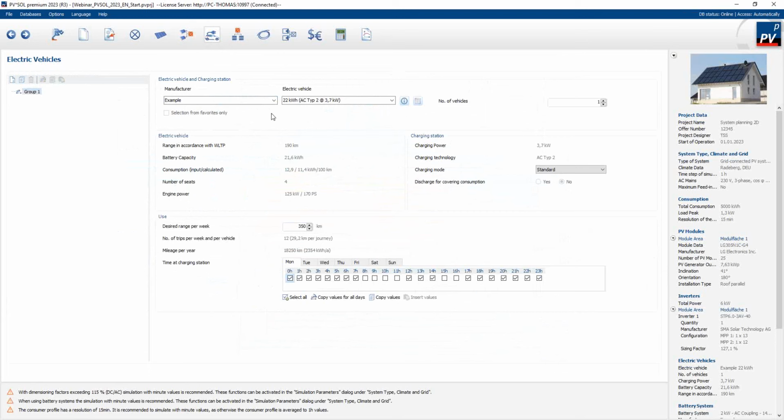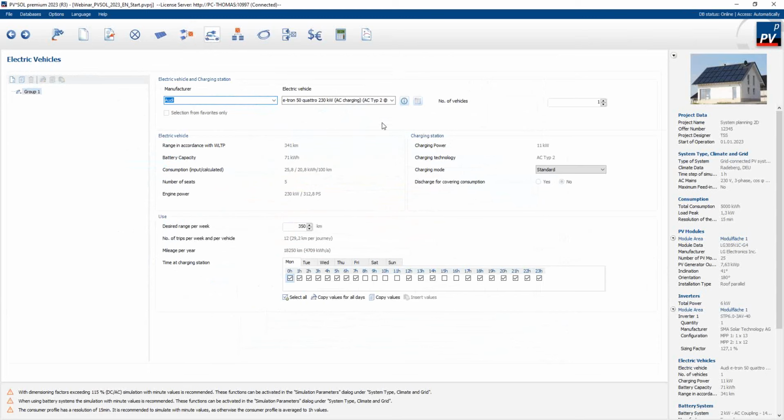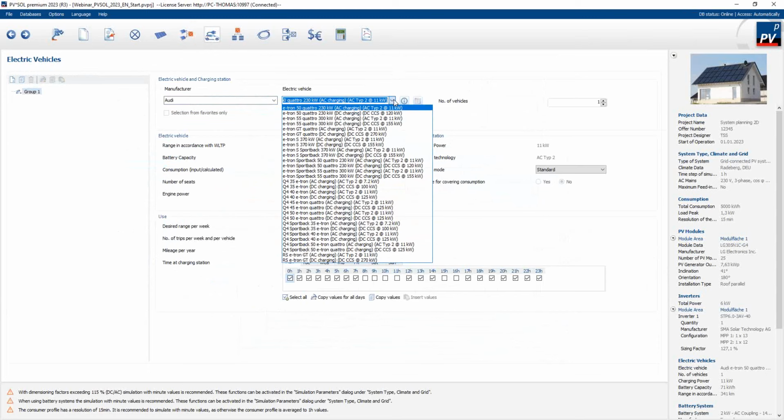Looks familiar, I would say. We have two drop-down menus, one for the manufacturer and one for the electric vehicle. In our case, we want an Audi, and this should be a sports spec with an AC charging at 11 kilowatt.